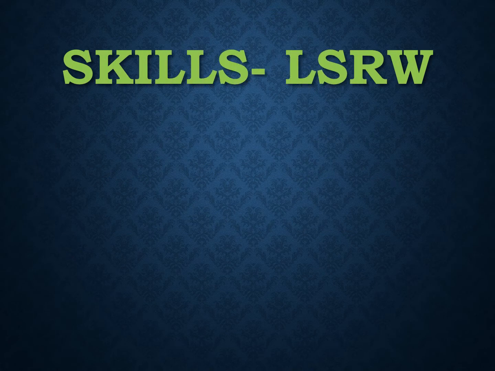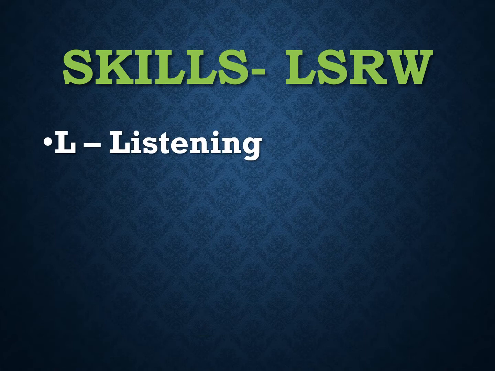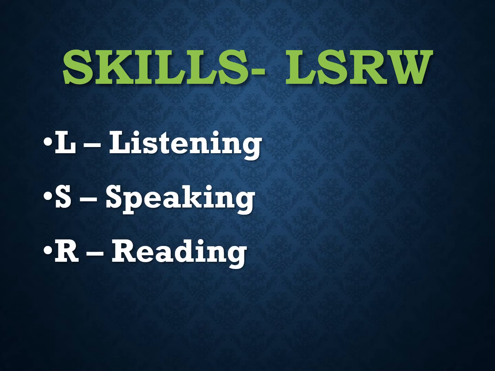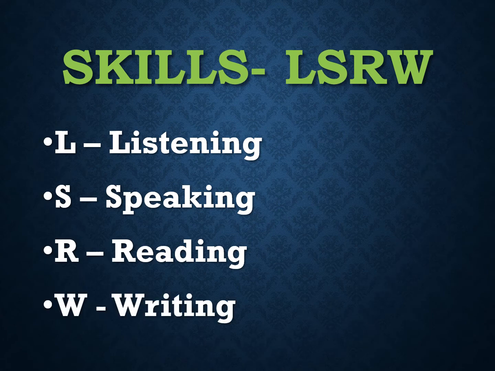Now students, if you remember, I told you about the 4 types of skills that we are going to cover in English language. That is L, S, R and W. L stands for listening, S stands for speaking, R stands for reading, and W stands for writing.